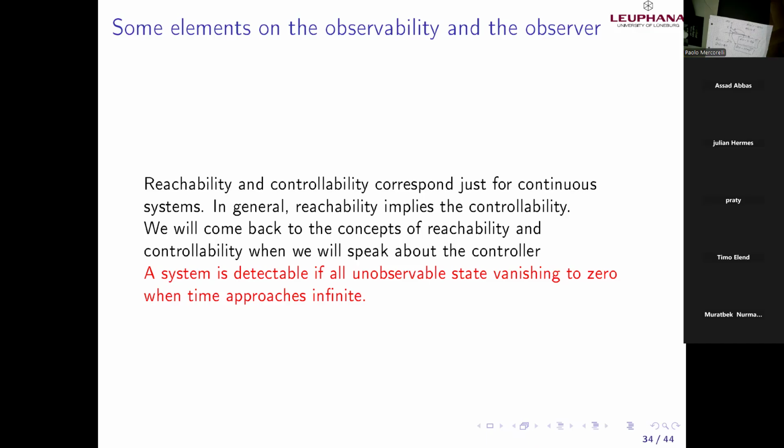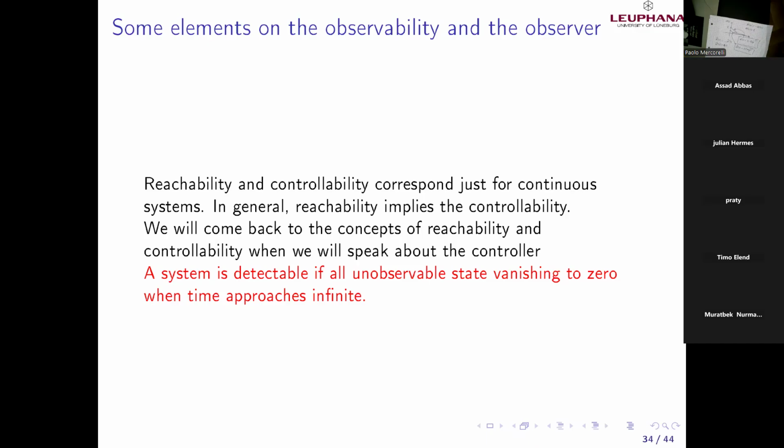But it's clear that if the system is detectable, I can build an observer because, except for, let me say, an initial part of the process, the observer will get the important states which I need to control, or which I need to monitor.